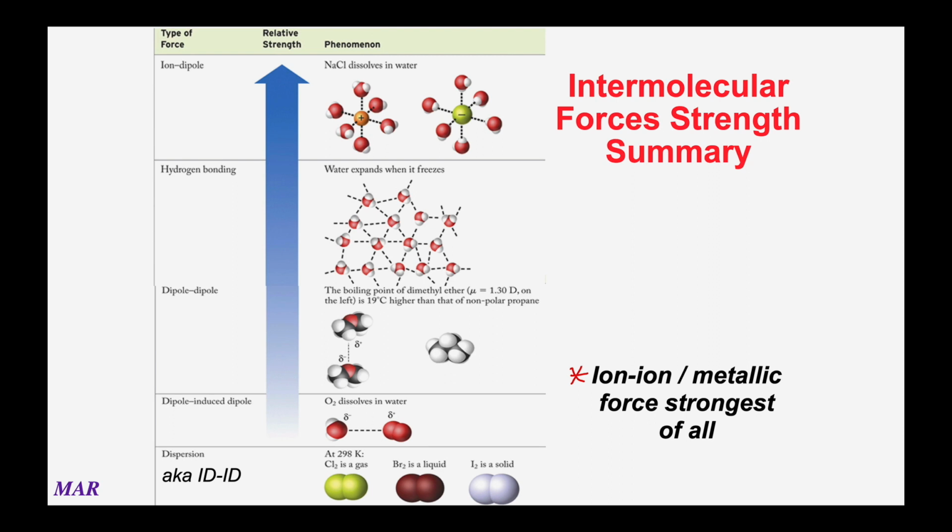Those are mostly for solids, and here we're looking mostly at liquids and gases, but those are the same kind of things. Just realize that on the top, even above ion-dipole, is going to be the ion/metallic force. We'll consider those two equivalent, even though that's not the best analogy, and we will talk about both of those forces more in the future.